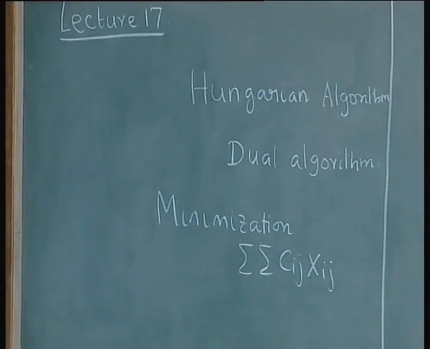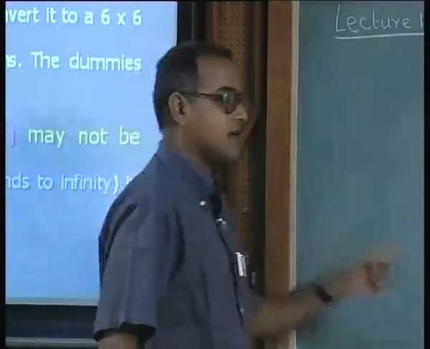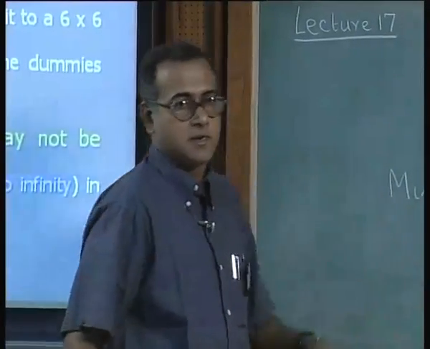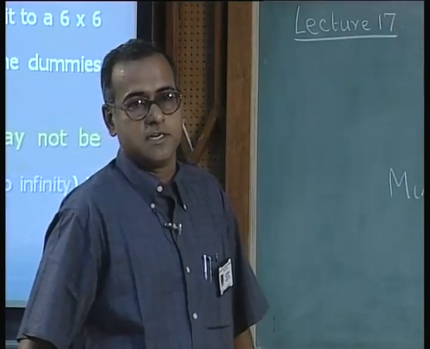There could be situations where we have to solve a maximization assignment problem, and what we do there is we convert it into a minimization problem by simply multiplying the objective function coefficient with -1.